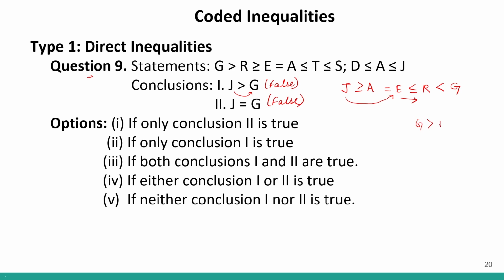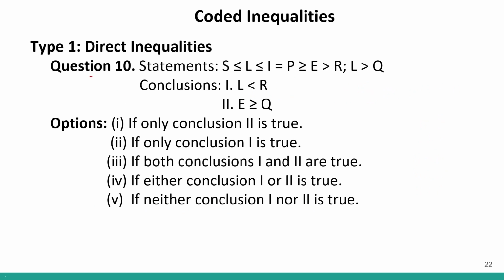Either G is greater than J, G is less than J, or G is equal to J. These 3 possibilities are there, correct? And G can be like this also. So we have 5 different possibilities. So these will be false because we don't have a definite true answer. Therefore my answer will be neither conclusion 1 nor conclusion 2 is true. My answer will be option number 5. Clear?